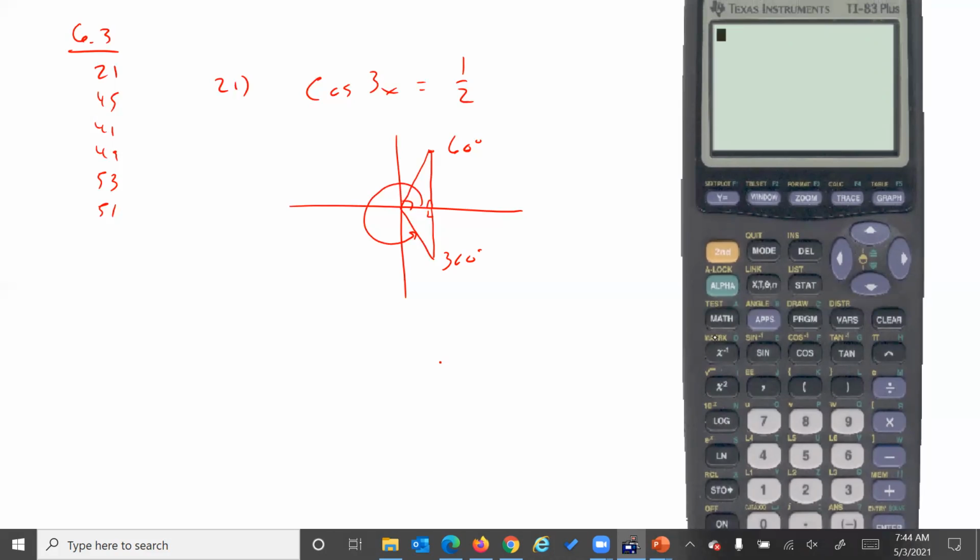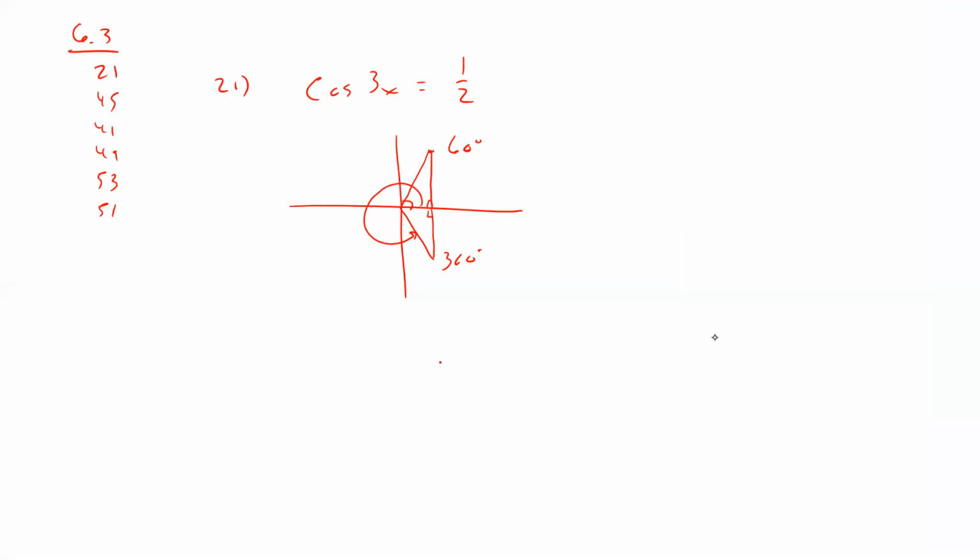Here's what happens on the calculator. If I'm looking for this, I'm technically looking for 3x is equal to cosine inverse of 1/2. We good? With the calculator, you always want to make this a plus sign. You want to have something called theta hat. Remember that? It was the reference angle.